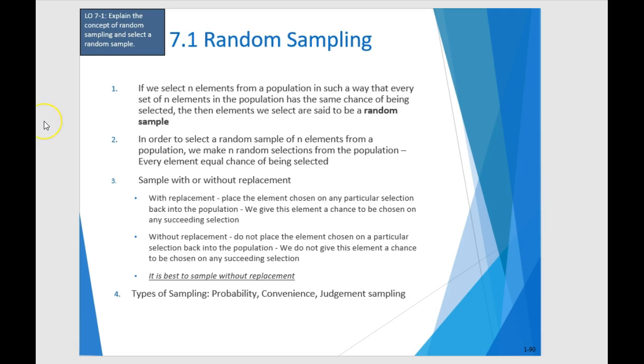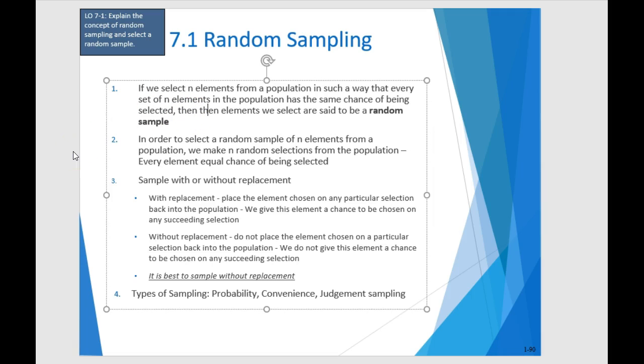Random sampling. If we select n elements from a population in such a way that every set of n elements in the population has the same chance of being selected, then the elements we select are said to be a random sample. All right, that makes sense.